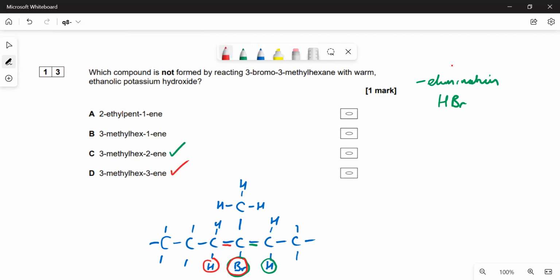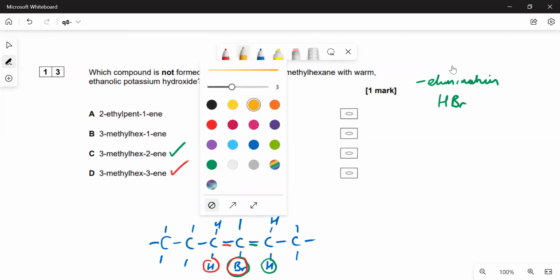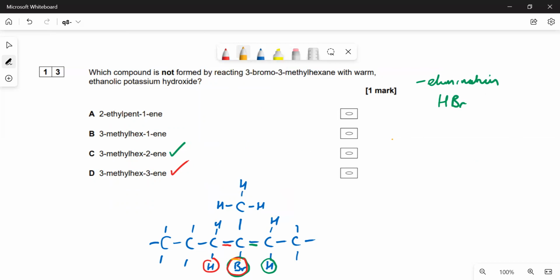And then instead of removing those, you could also remove to a different color. You could remove the bromine there and a hydrogen from this carbon. And you get the double bond there, in which case you'd probably have to name it. So that would be carbon 1, 2, 3, 4, 5.